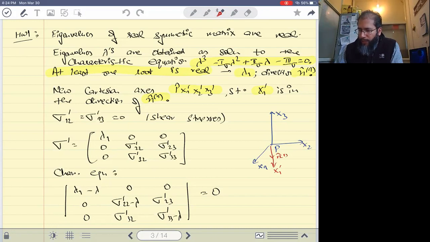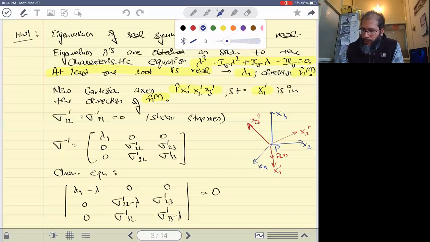You could choose any x2 and x3, as long as they form a right-handed coordinate system.